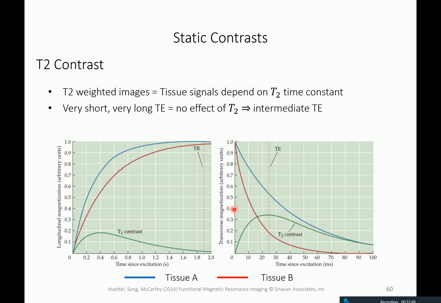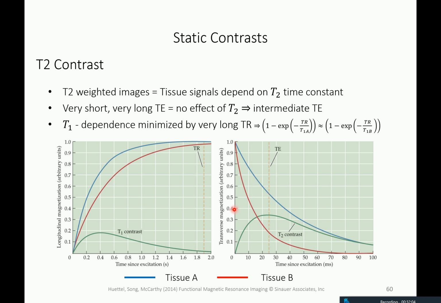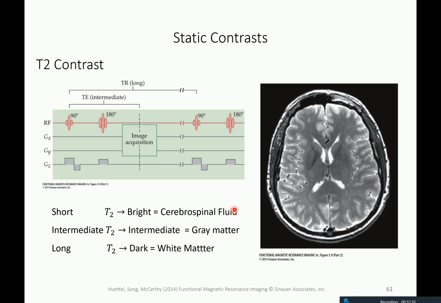Very good. So this is just how to argue this. If you have a very short or very long TE, there's no effect of T2, because in the beginning it doesn't happen, in the end they are 0, and you want to minimize the T1 dependence and of course maximize the signal. So long TR, intermediate TE, and this is how these T2 images look.